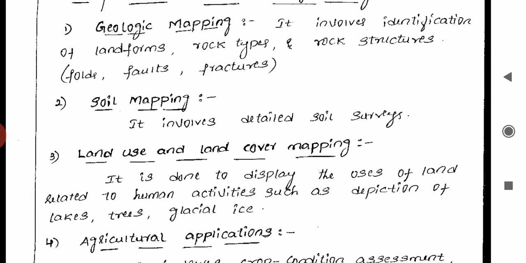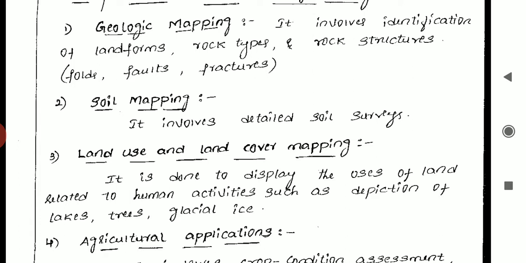Also, if any tunnels or water reservoirs pass through that land, we can decide whether it is suitable for construction or not. We decide it by using images, at one place. That is how we use it in land use and land cover mapping.